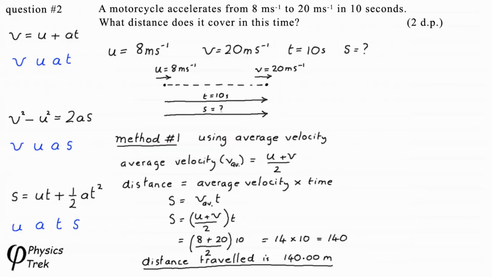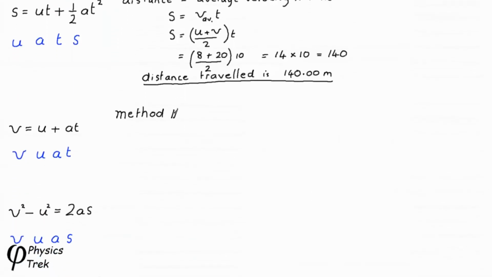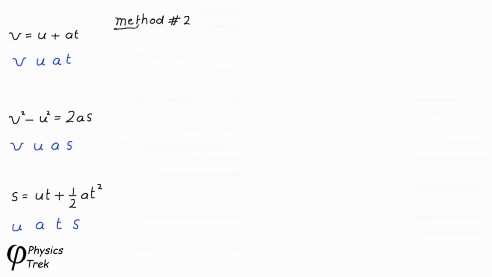And now to the second part of the question, where we're trying another method, method number 2, and we're going to work out the distance S, this time by calculating the acceleration of the motion first. First, let's write down our information in symbol form.